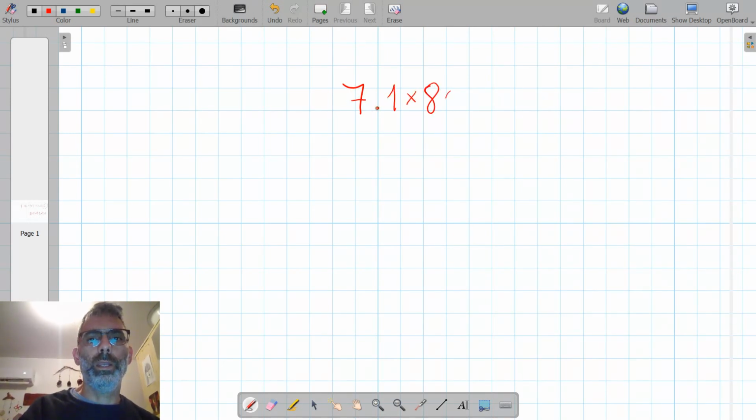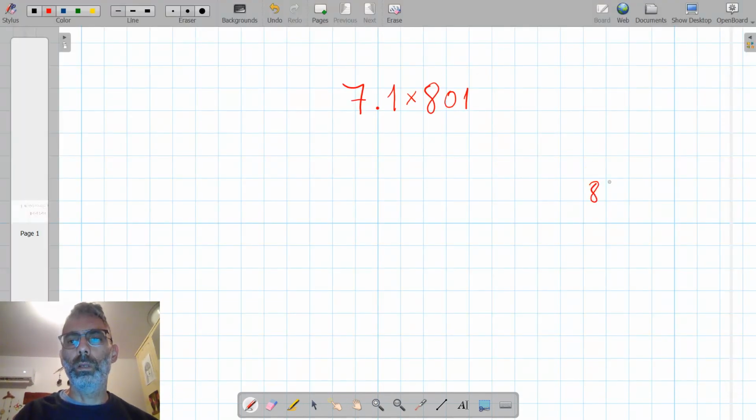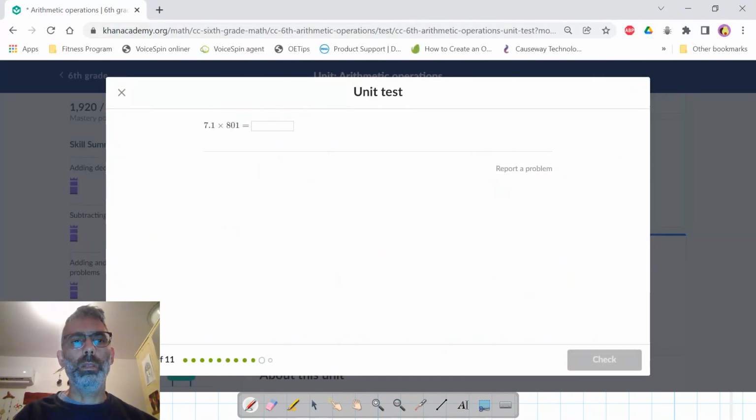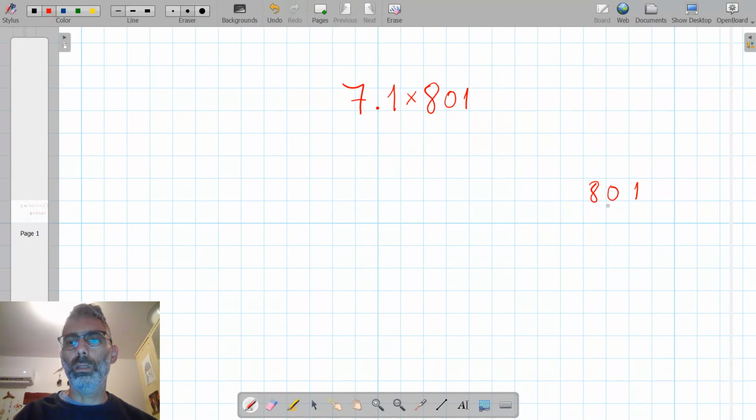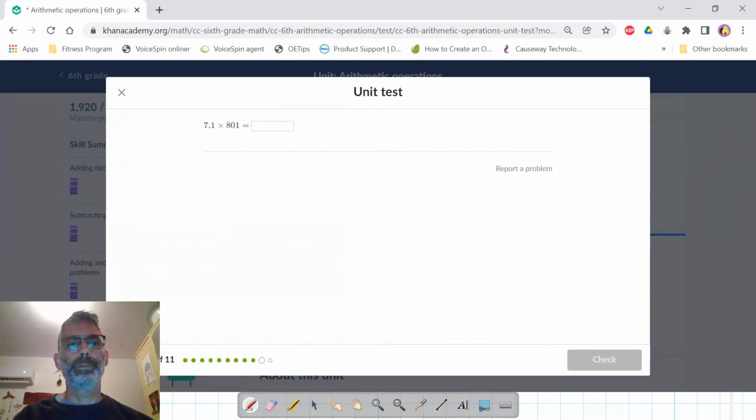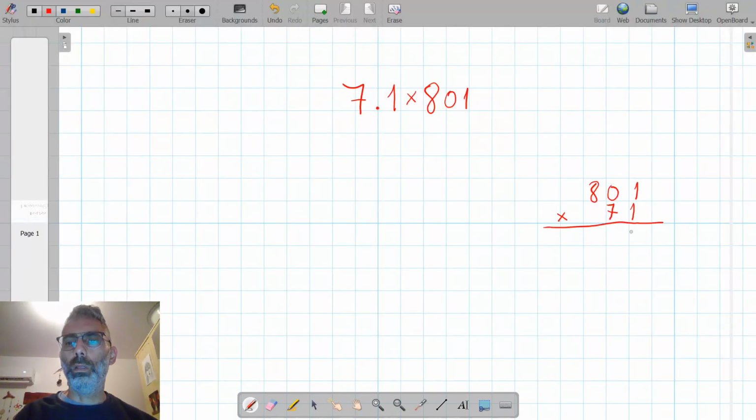7.1 times 801. So I will solve this as a whole number problem, and then I will shift the decimal point in the result that I get. So 801 times 71. 7 times 1 is 7, 7 times 0 is 0, 7 times 8 is 56.